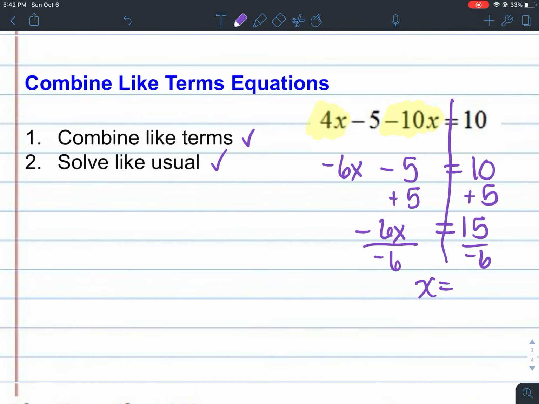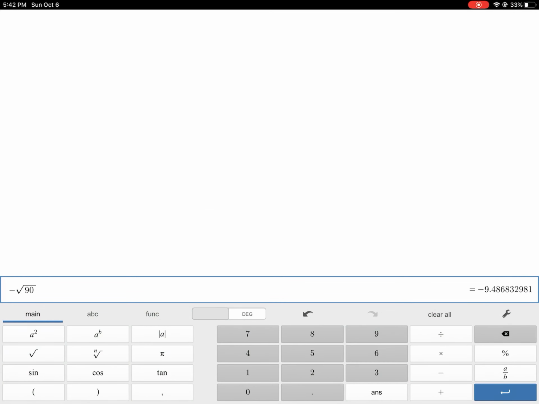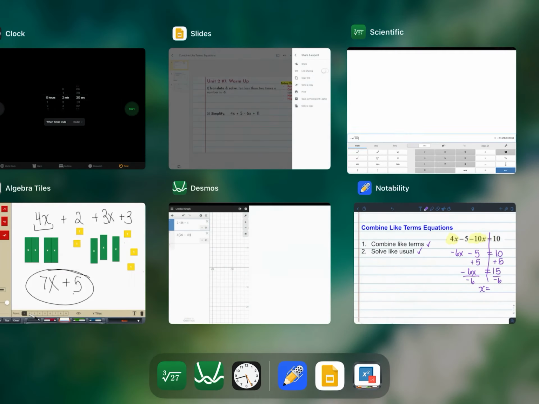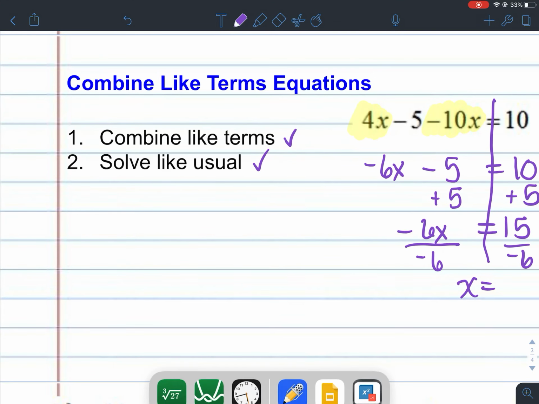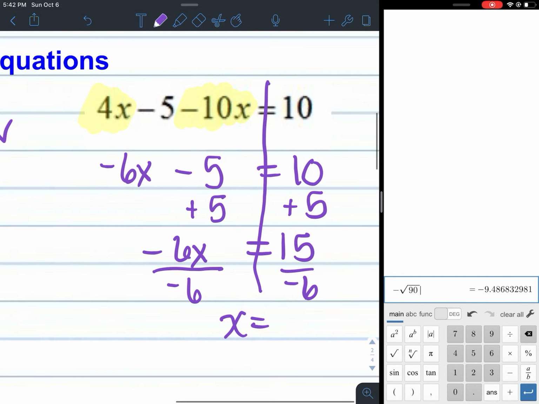When we divide 15 by negative 6, you're actually going to get a decimal, so 15 divided by negative 6 is negative 2.5. You can hit that little button on Desmos in order to show that, so negative 5 over 2, which is the same thing as negative 2.5, excuse me.